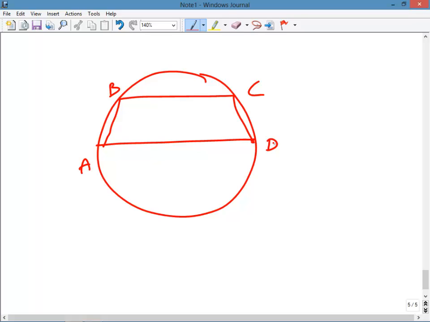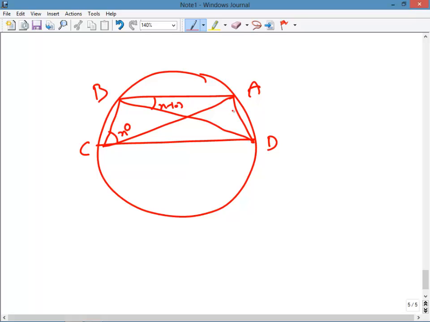DC is the diameter. Okay, I have written that. So angle ACB equals x degrees. Next, angle ABD equals x minus 10.